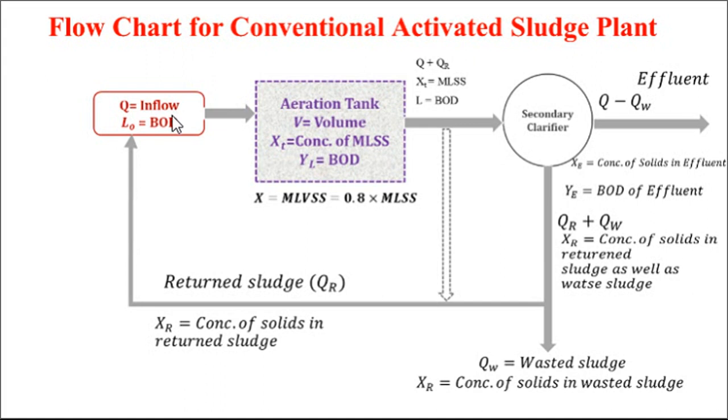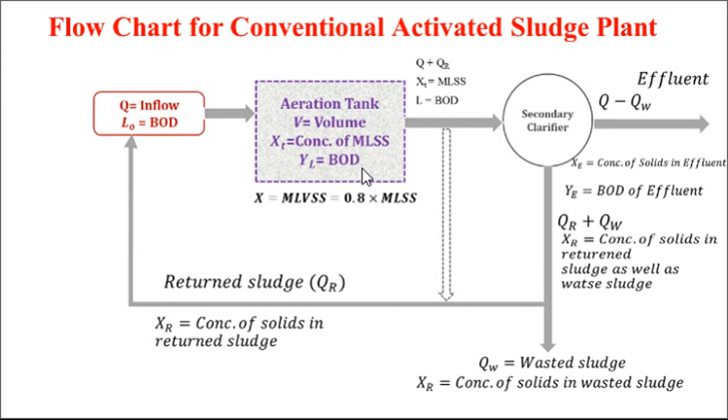Now when this wastewater comes to the aeration tank, let V be the volume of the aeration tank, XT the MLSS concentration. MLSS is nothing but mixed liquor suspended solids concentration, and Yi is the BOD of the content, because Y0 is the BOD from the primary sedimentation tank and some recirculated sludge is there, so it becomes Yi, that is the BOD of the mixture.